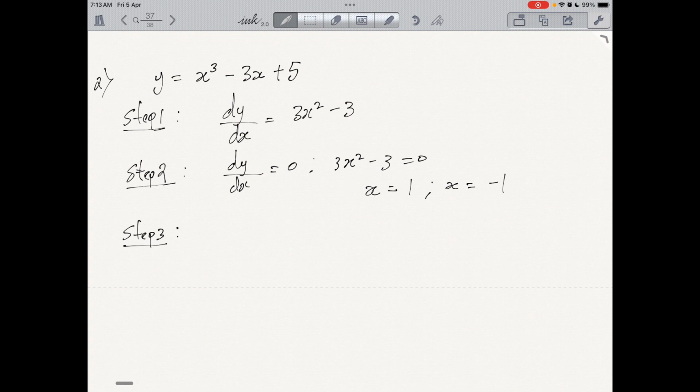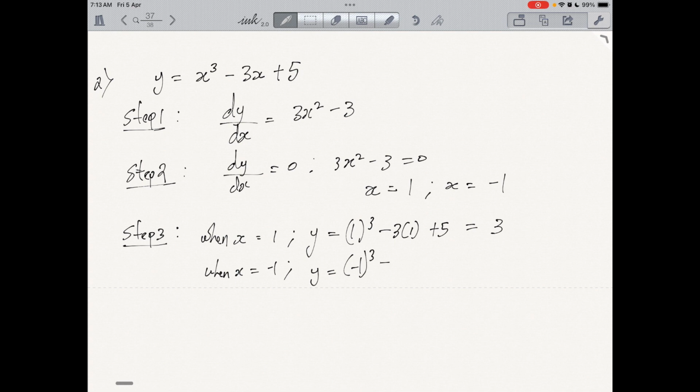Therefore, when x is equal to 1, my y will be equal to 1 raised to power 3 minus 3 into 1 plus 5, and this will give me 3. And when x is equal to minus 1, y is equal to minus 1 raised to power 3 minus 3 into minus 1 plus 5, and this will give me 7.